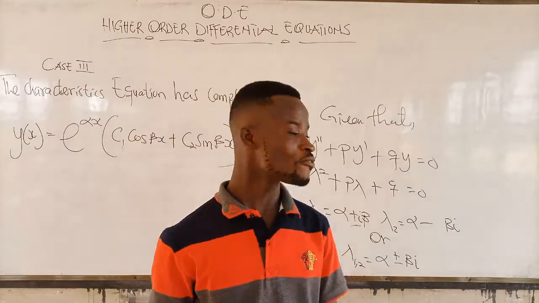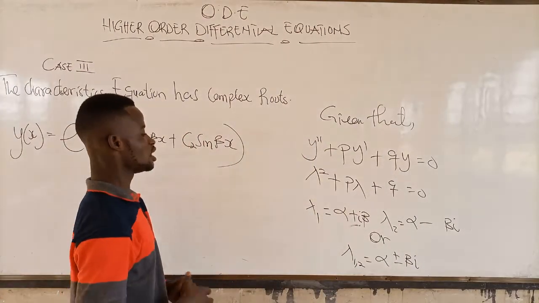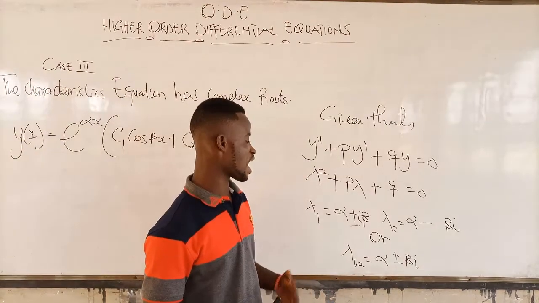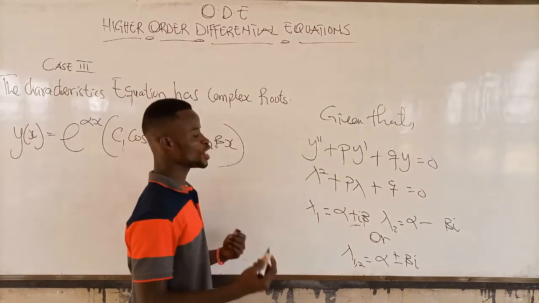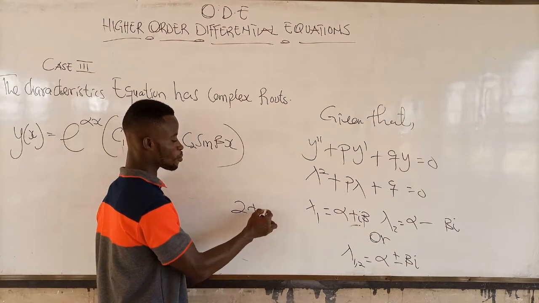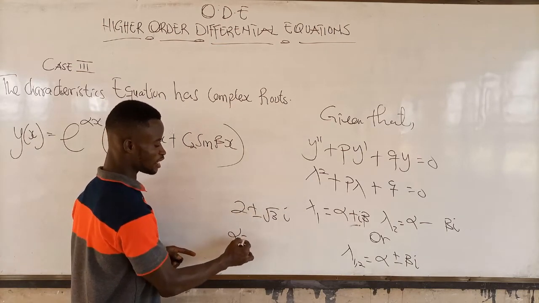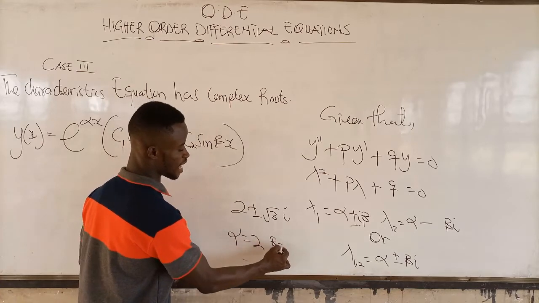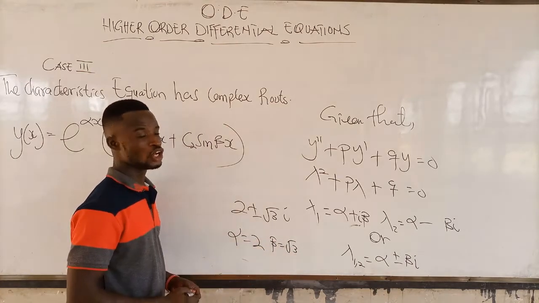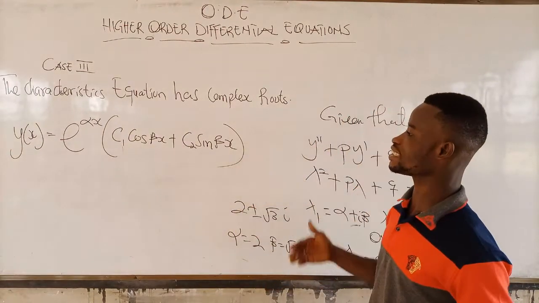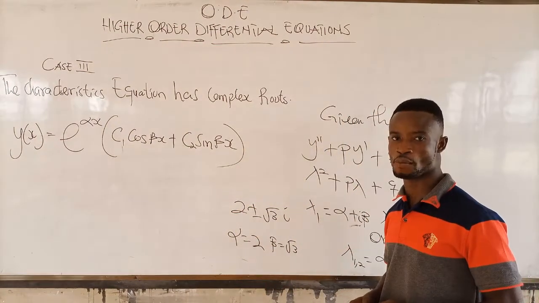If you want to write a general solution, we need to identify lambda and identify beta. For instance, if you have 2 plus or minus square root of 3i, the lambda is going to be 2 and the beta is going to be square root of 3. So for you to write a general solution, this is going to be the general solution form.